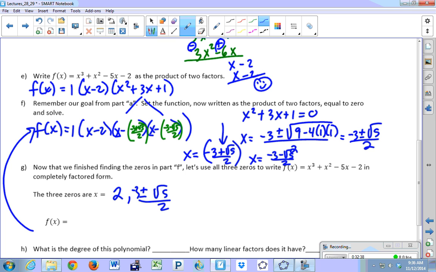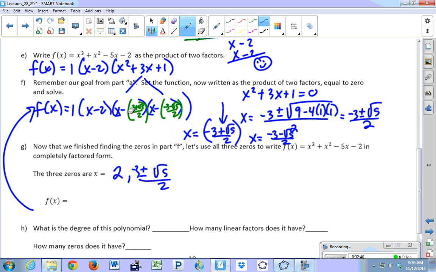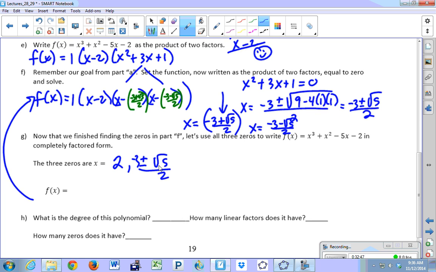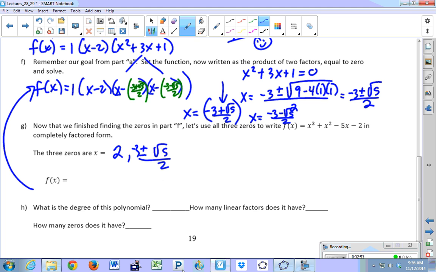So now you're going to get numbers that, as I mentioned earlier, can be irrational numbers as well as rational, and they also can be non-real complex numbers as well. We've already answered this. The degree of the polynomial is 3 because we have 3 linear factors and we have 3 zeros.